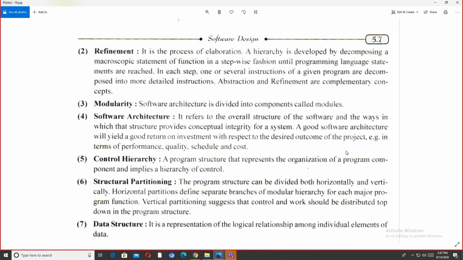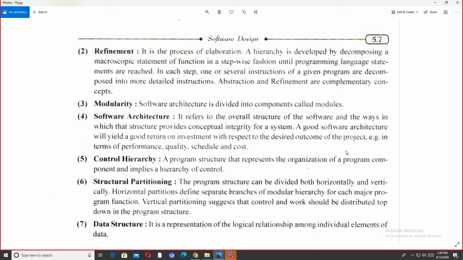In each step, one or more instructions of a given program are decomposed into more detailed instructions. According to this definition, a module has to be translated into program code. In the program language, statements are reached. So abstraction and refinement are complementary concepts. We can see that they both are complementary to each other.